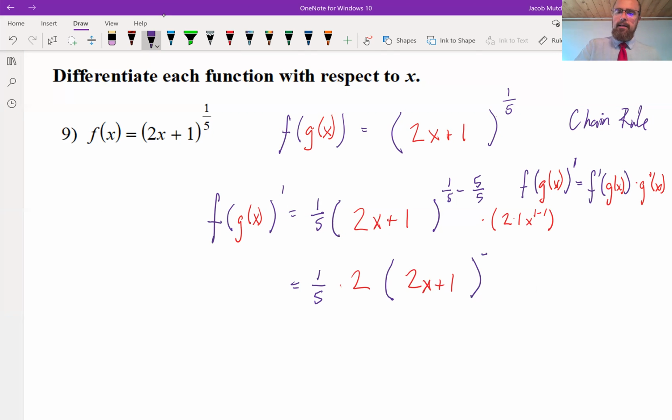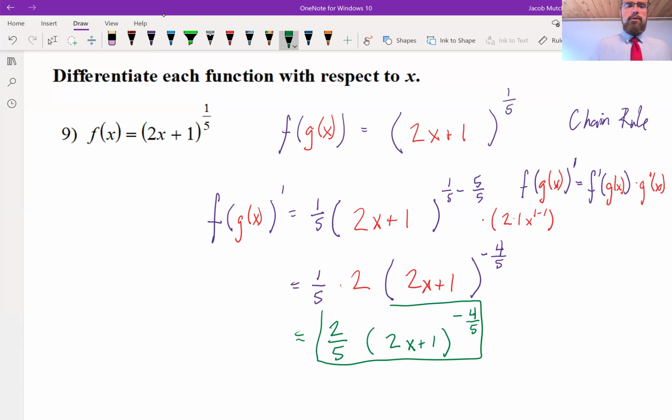So that's going to be negative 4/5. And finalized, our derivative here is going to be 2/5 times base 2x plus 1, all raised to the power of negative 4 over 5. And that completes our derivative of this function f of x in number 9.